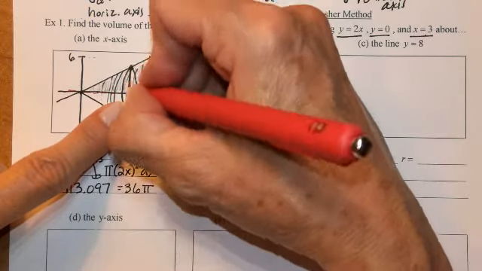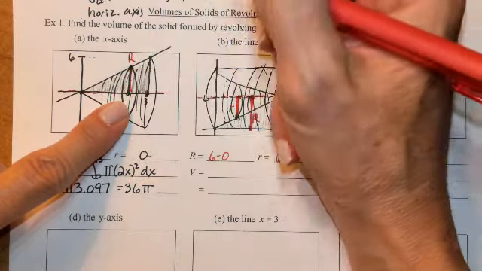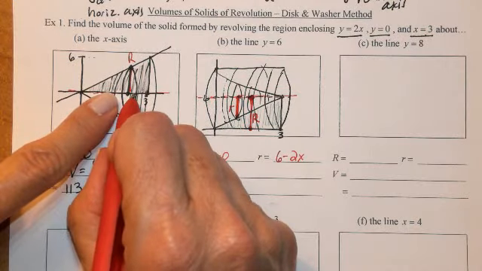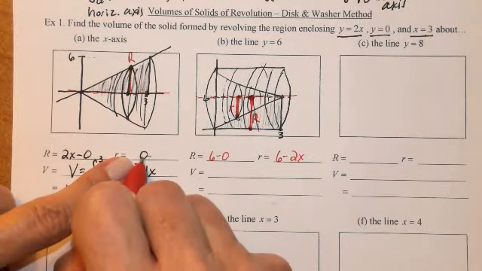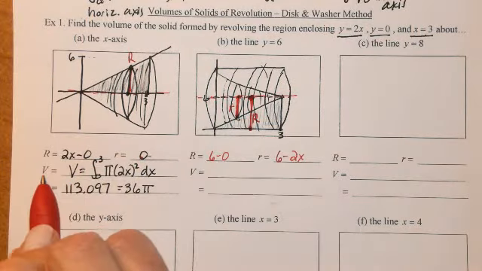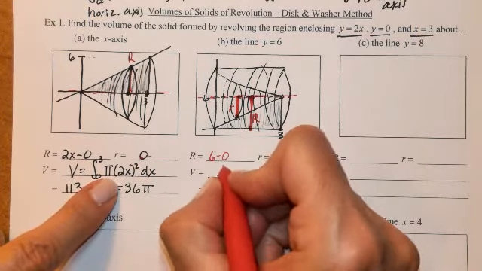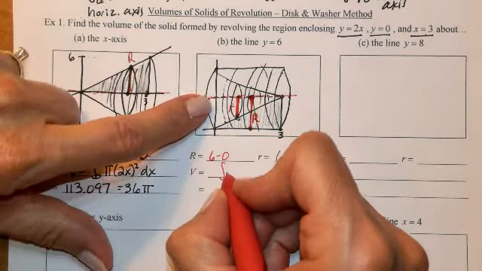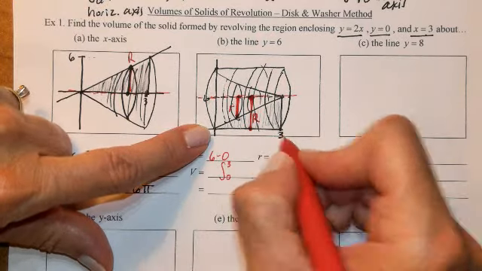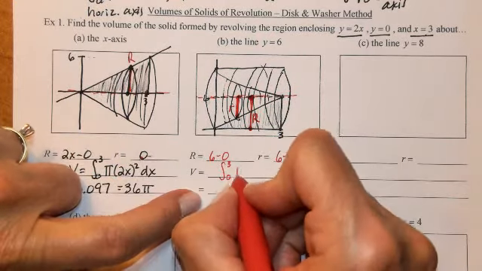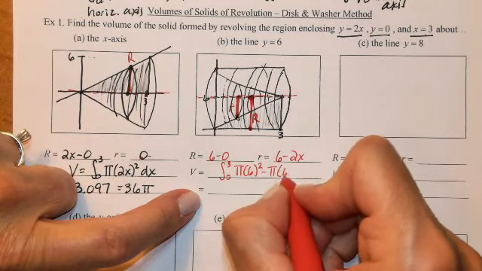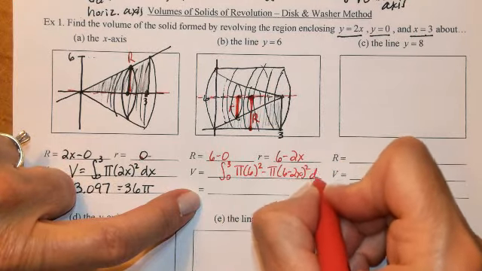To the far side of the region is our big R, and the close side of the region was on our axis of revolution. That's why there was no little r, right? But in this case, we did have a little r. We did have some white space. So our volume will be the integral still from 0 to 3, of pi times big R squared minus pi times little r squared.